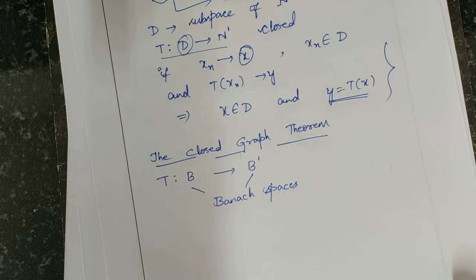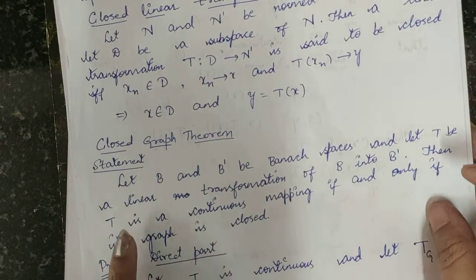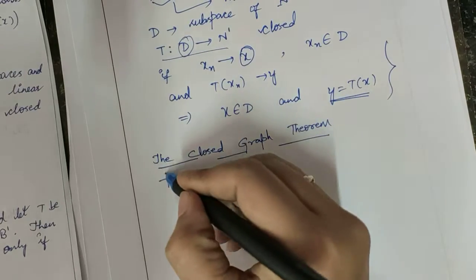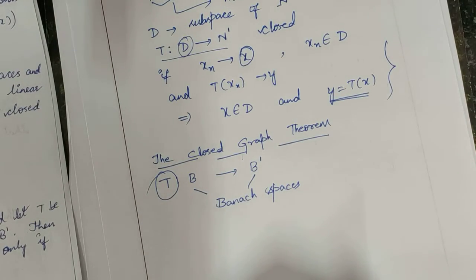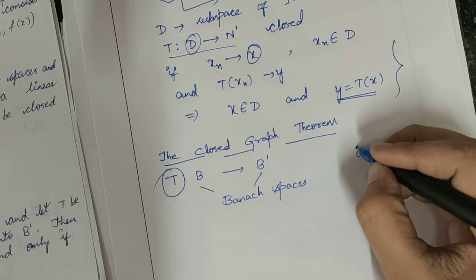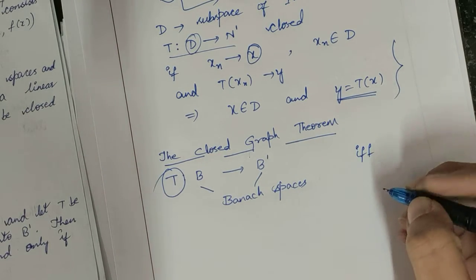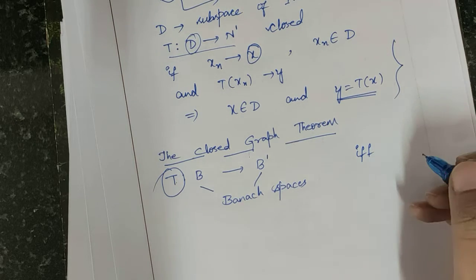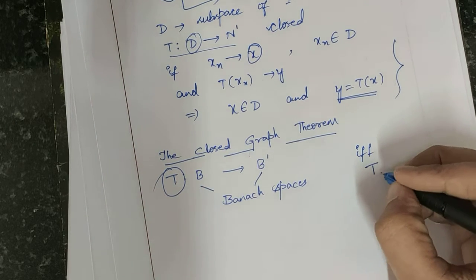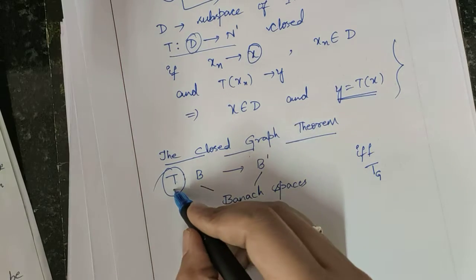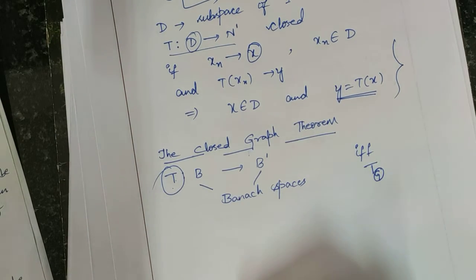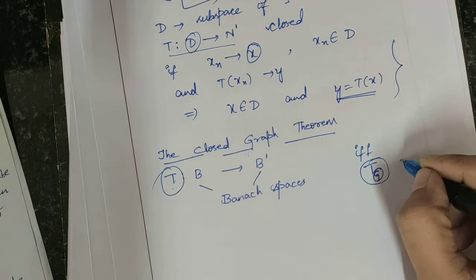Okay, the next part says that we have to prove that this T is a continuous mapping if and only if its graph, that means I will consider that mapping as TG, its graph means T suffix G, is closed.